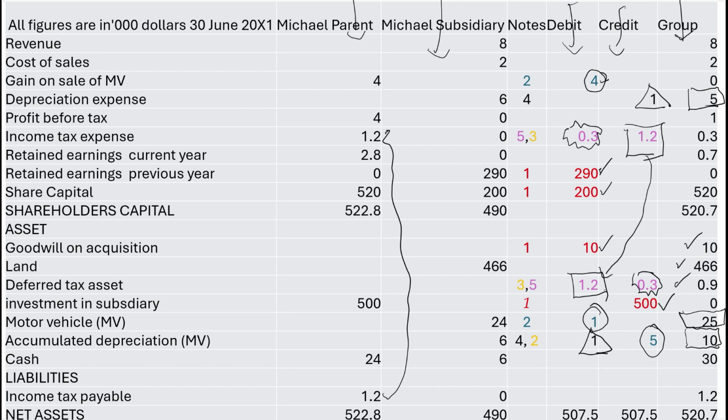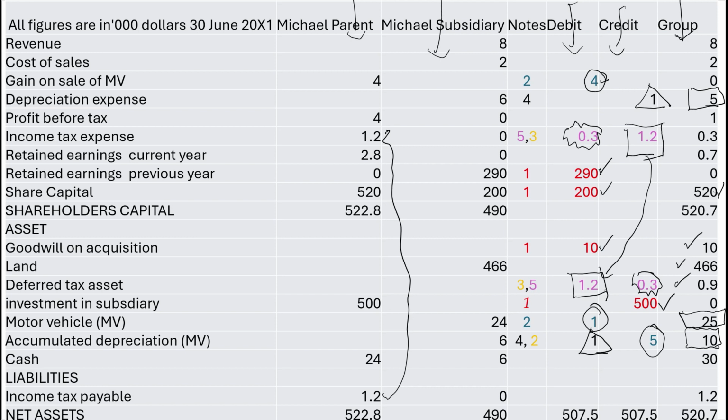And if you look at our share capital, it is the Mica parent share capital of $520,000, because the Mica subsidiary share capital got eliminated in full because the Mica parent acquired 100% interest of the previous Samuel's business, now Mica subsidiary.